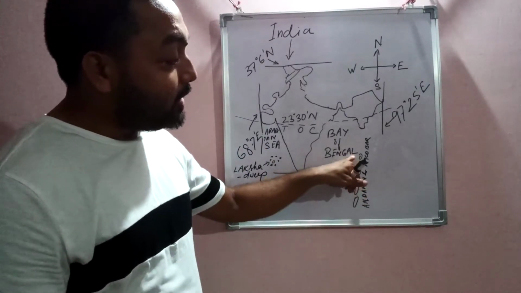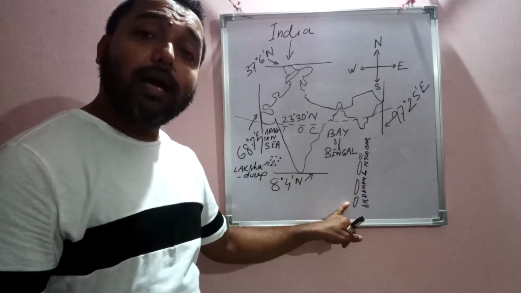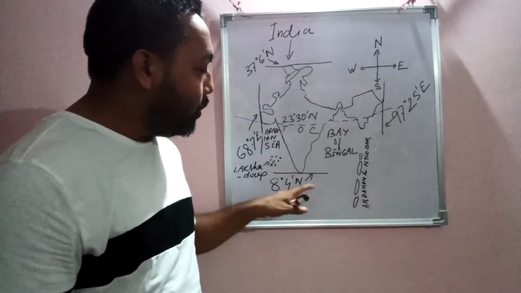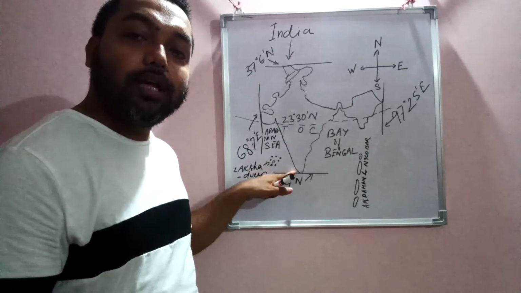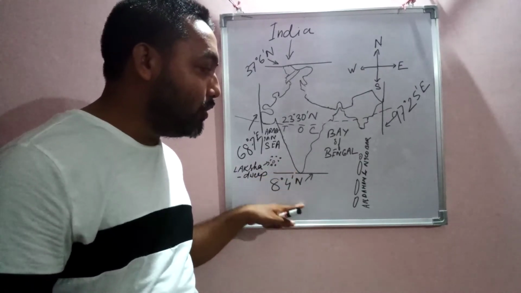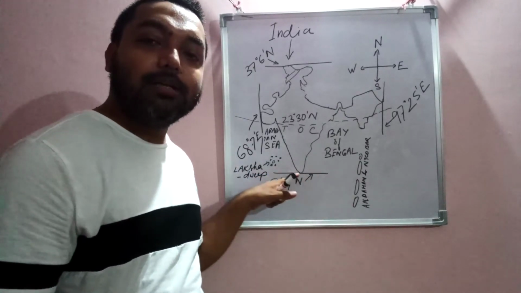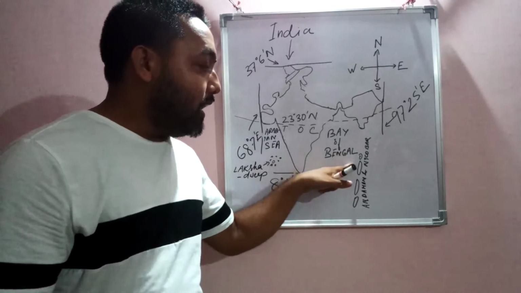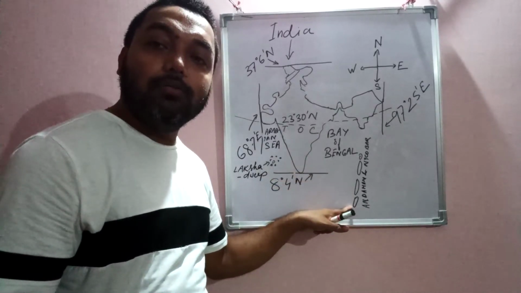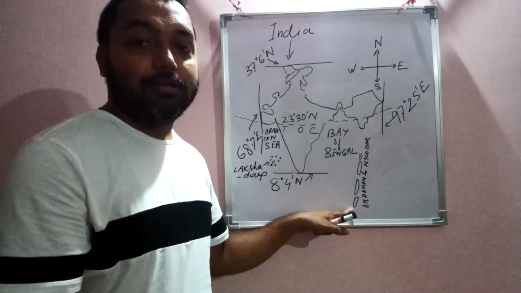Now if we consider the island groups also in India, then obviously the extension of latitude will go down, so the island group will go beyond the equator.